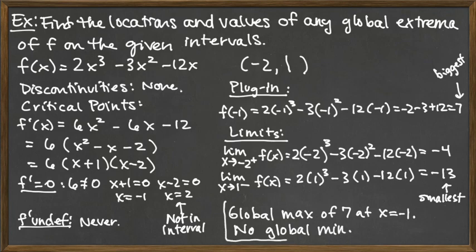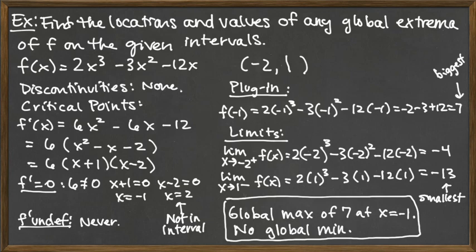So it's very similar to the extreme value theorem. The only difference is we have to look for discontinuities, and then we've got to pay attention to values that are plug-in values because points are there, and values that are limit values because the points are missing.